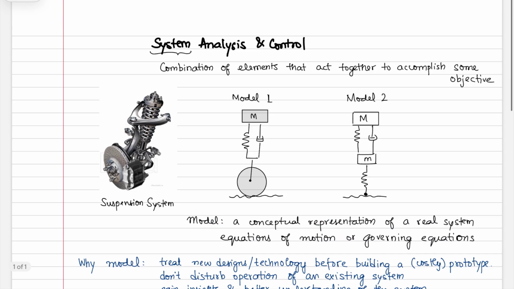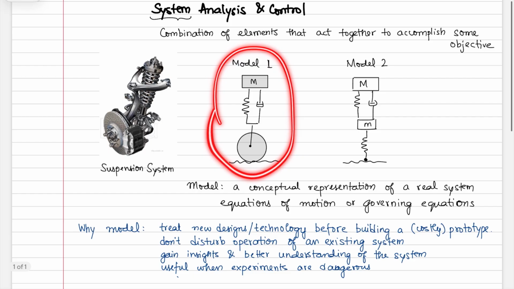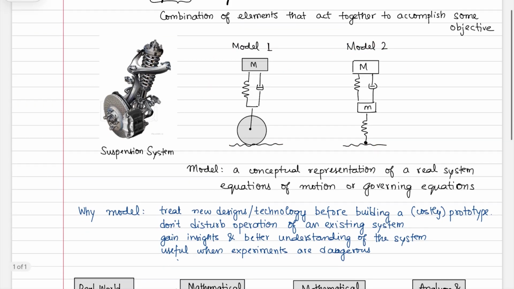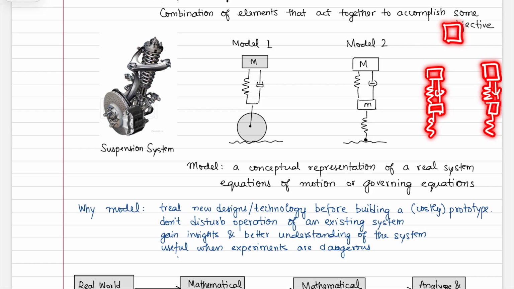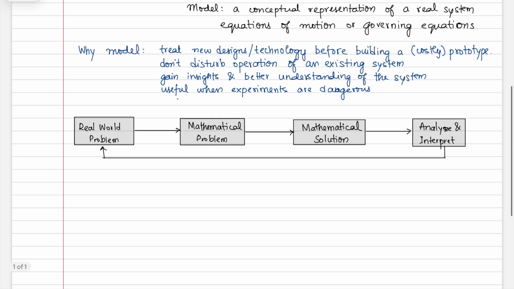Is it going to be the simplest possible model? Is it going to be this one? Or maybe you want to have all four wheels of the car. So you have one more here, and then you have one more over there, and then you have one more over here to create your car's body. Is that a sufficient model for you? So these kind of questions, and how accurate should your model be?